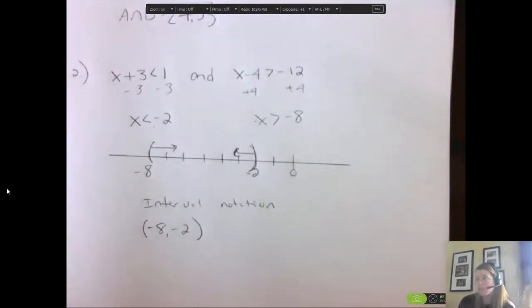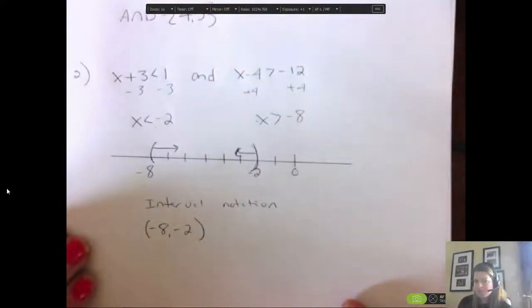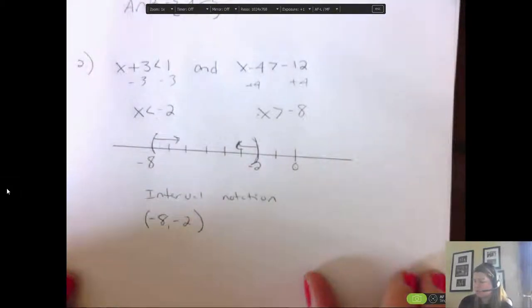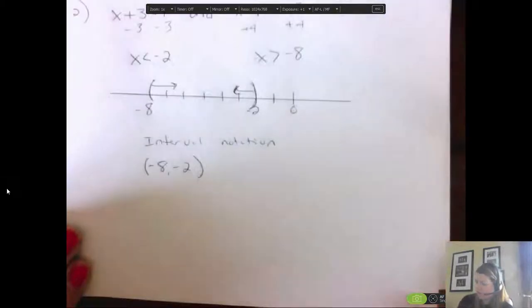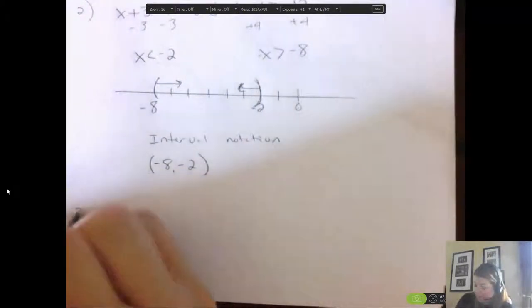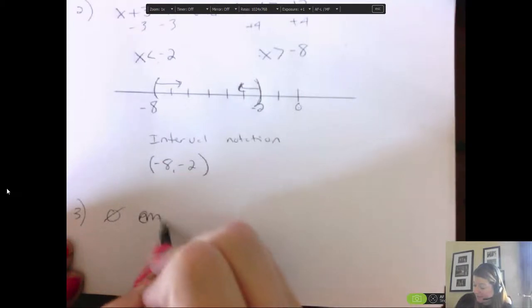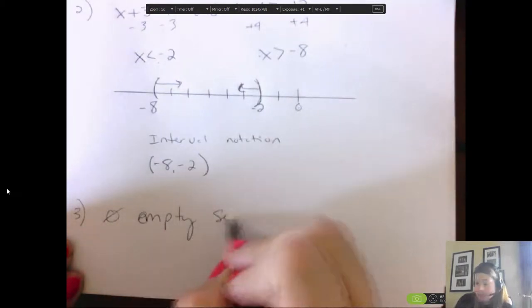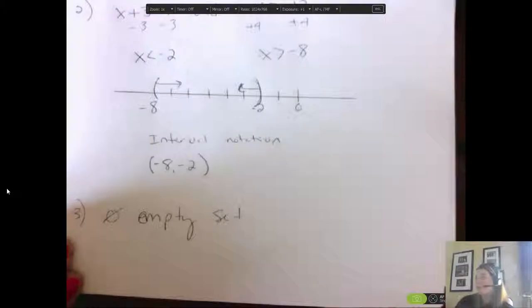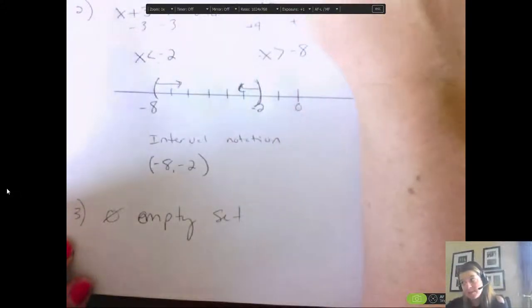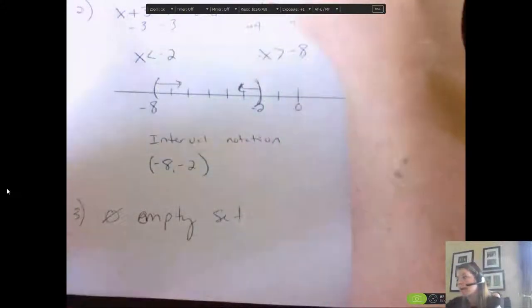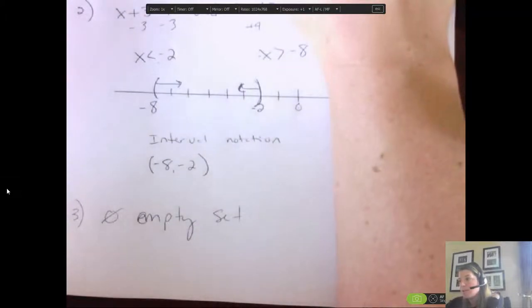They don't. So sometimes we use the symbol for no solution. It looks like this. This means no solution, or the empty set. We like that symbol for an empty set. So do know that sometimes yours doesn't work out, and that's okay.